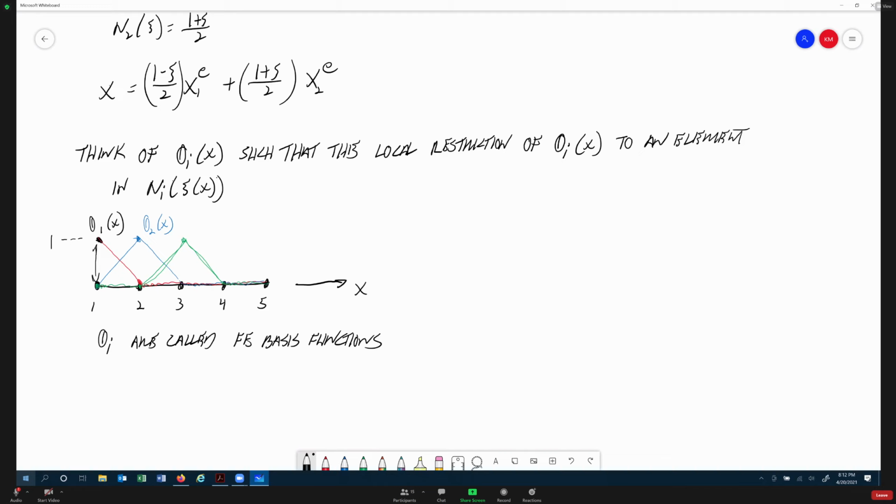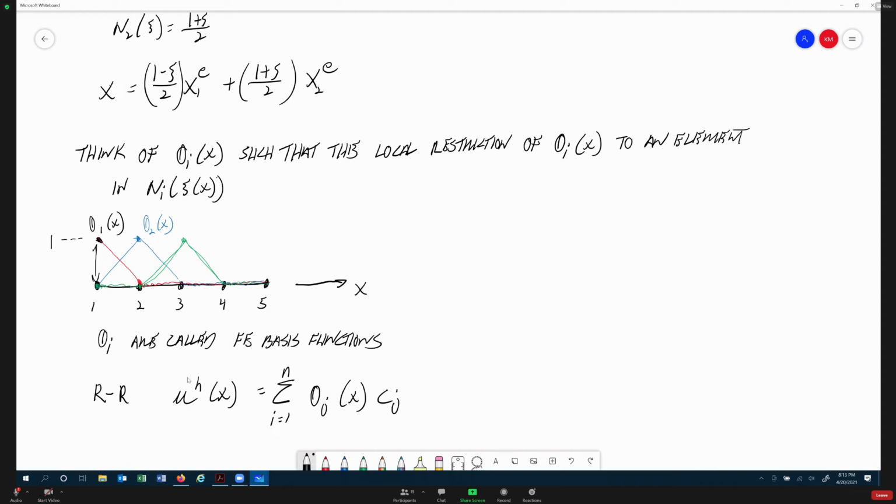I should write that again. Oh, we're almost out of time. Rayleigh-Ritz was U_h of X is equal to the sum of I equals 1 to N of phi_j of X times C_j, remember?